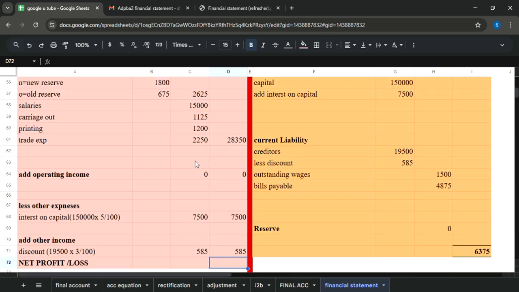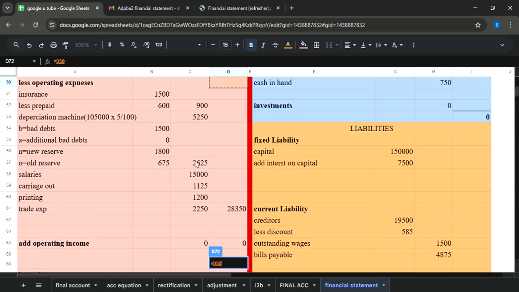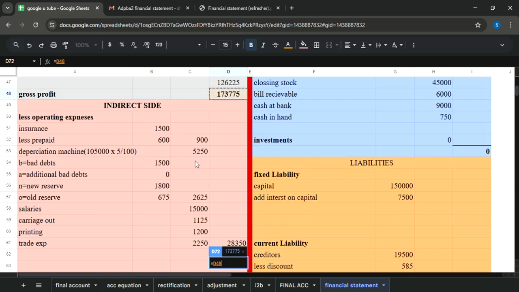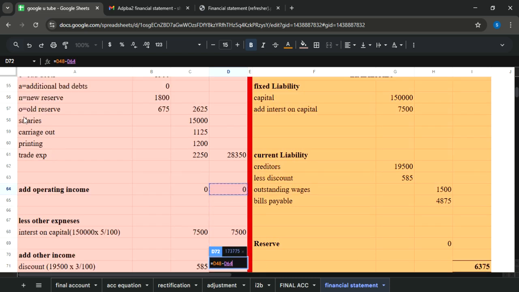Okay, so in this way we are now ready to calculate our net profit. For this, this is your gross profit, and then you will subtract, look at here, less operating expenses, and these are 28350.